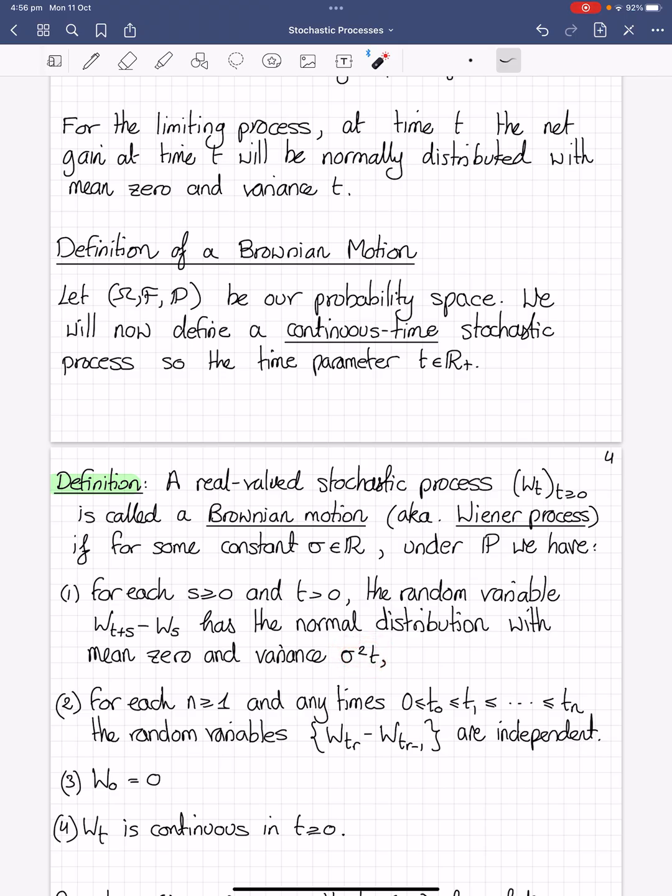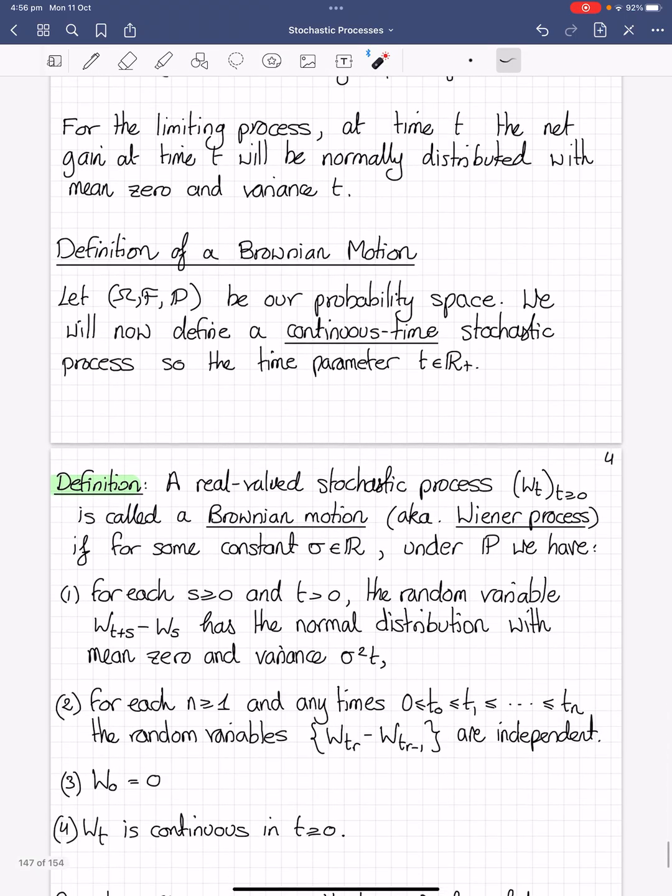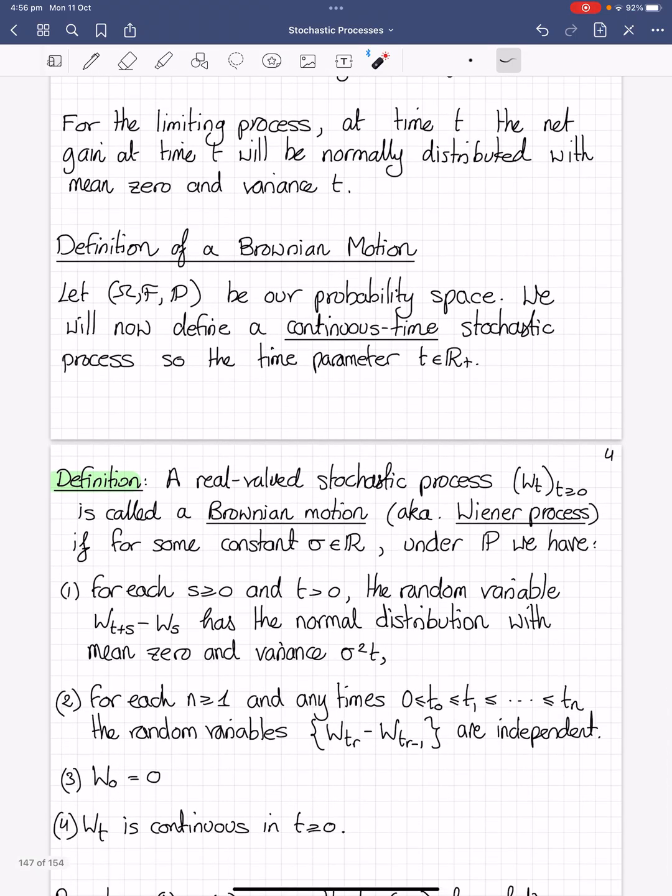If you take sigma equal to 1, you can see we get similar behavior to the rescaled random walk. 2: for each n and times t_0 up to t_n, such that t_0 is less than or equal to t_1 and so on, the random variables given by the increments W_{t_r} minus W_{t_{r-1}} are all independent of each other.